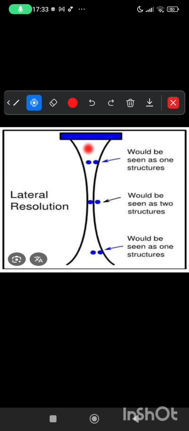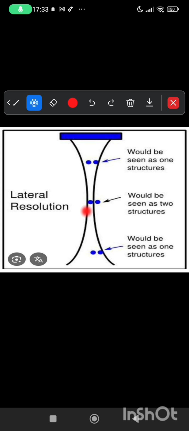Here the beam is now thin, so it can differentiate that there are two different structures, because both reflectors are not hit at once. This beam width covers only this one at one time. So it would be differentiated as two structures.